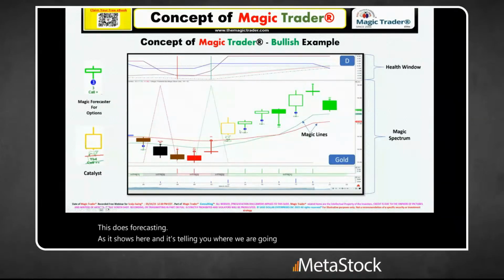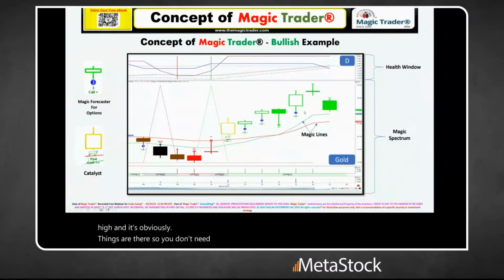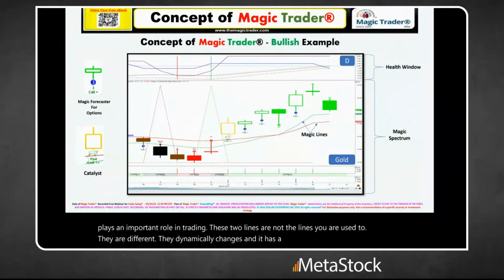It tells you we're going to make a future high, and it's obvious the things are there, so you don't need to be skeptical. And it's been going on since 2006. So this plays an important role in trading. These two lines are not the lines you are used to. They are different. They dynamically change, and they have a forecasting capability also. Hard to believe, but it is there.